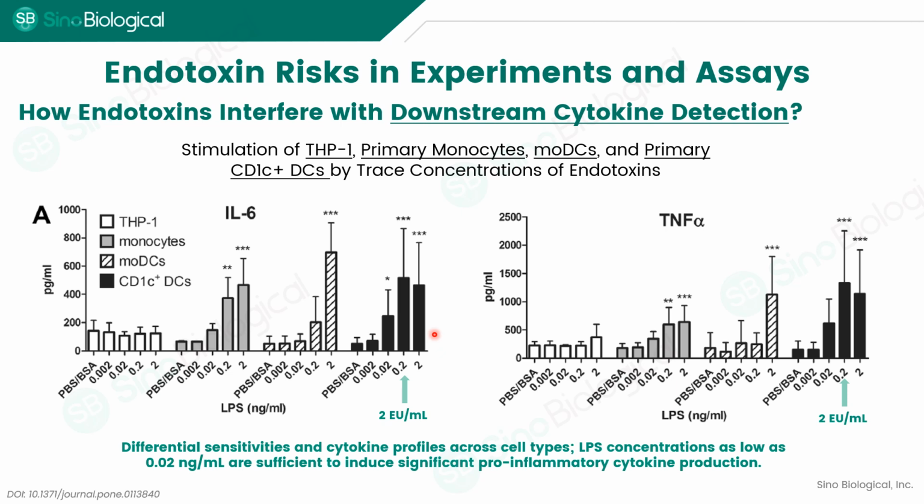Even when the concentration of endotoxin is as low as 2 EU per ml, we can already detect the release of IL-6 and TNF-alpha. So when you are performing experiments that involve measuring cytokine production accurately, such as interleukin-6 or TNF-alpha, controlling for endotoxin contamination is absolutely critical.